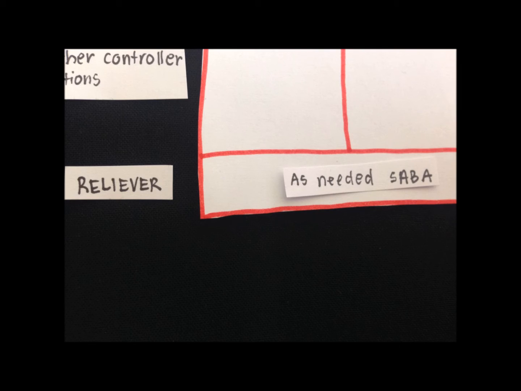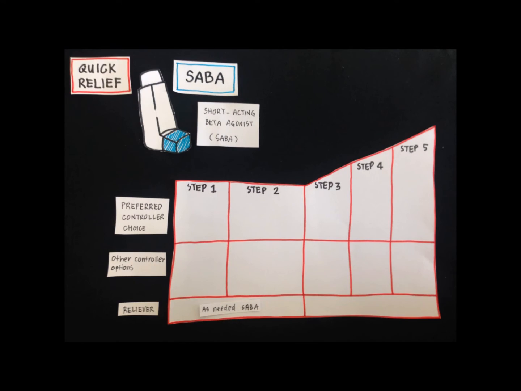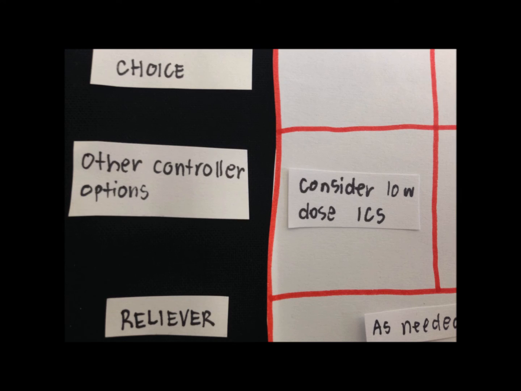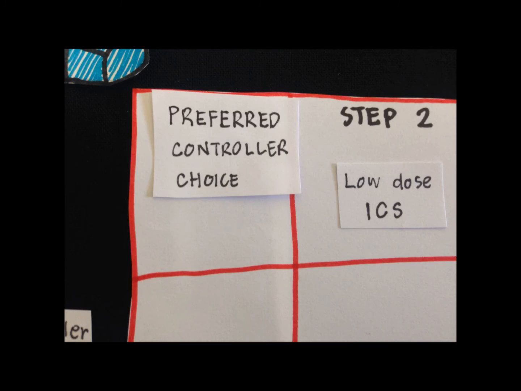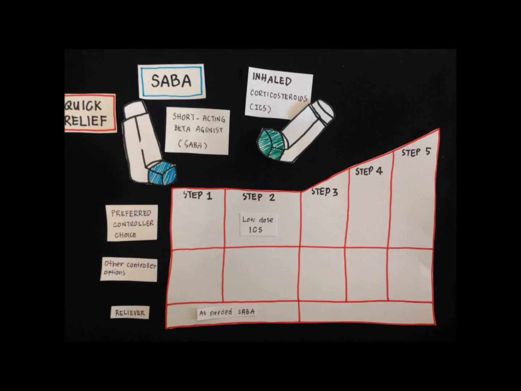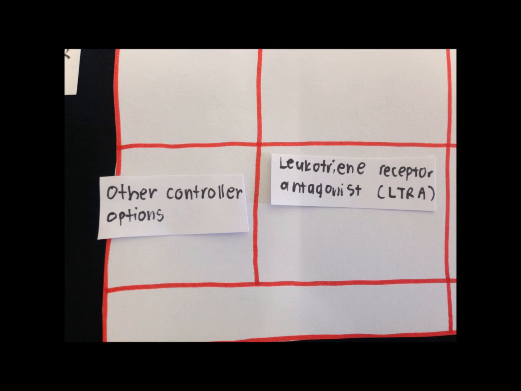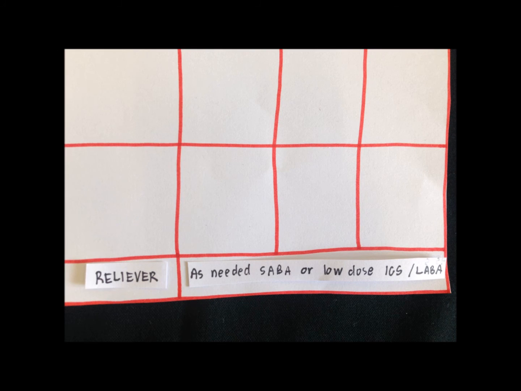Stepwise approach. The first step is a reliever with short-acting beta-agonists such as salbutamol, and also consider a low dose of inhaled corticosteroid. Step 2 is a low dose of inhaled corticosteroid and LTRA or low dose theophylline.